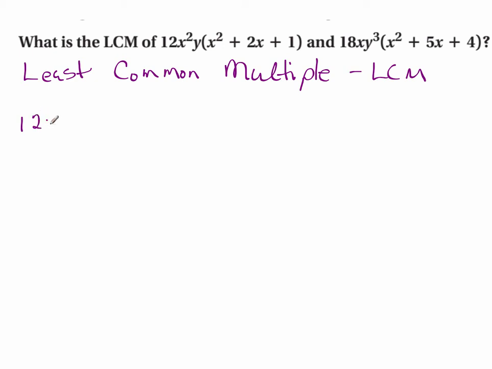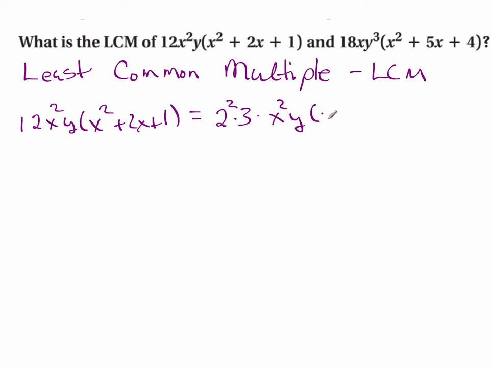So 12x squared y times x squared plus 2x plus 1 is equal to, let's see, 12 is 2 squared times 3, x squared y, and now I need to factor this, and this is x plus 1 squared.